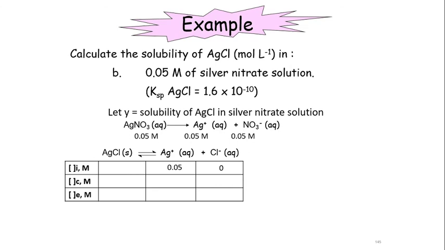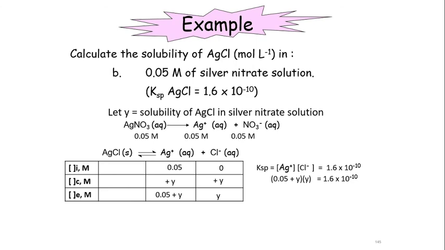For changes, plus Y for Ag+ and plus Y for Cl-. At equilibrium, 0.05 plus Y for Ag+ and Y for Cl-. We write the Ksp. Put the info in: 0.05 plus Y times Y equal to Ksp.